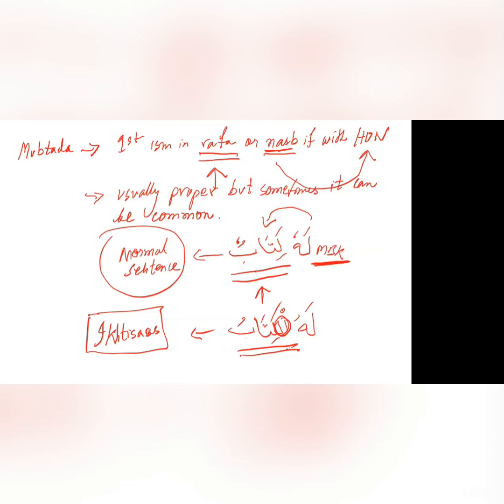A proper mubtada is normal when it comes in the beginning, and a common mubtada is normal when it comes at the end. So you're saying it is common when it comes after the MBK. So MBK means the jar majroor and the special mudafs, time and place, in both situations.